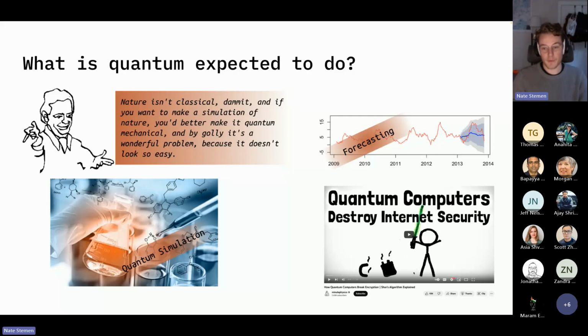So if we didn't do anything to change our encryption schemes, then as quantum computers become larger and are capable of doing this kind of thing, internet security and any sort of encryption would basically be useless.